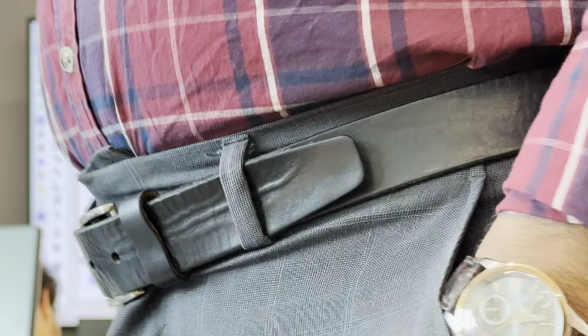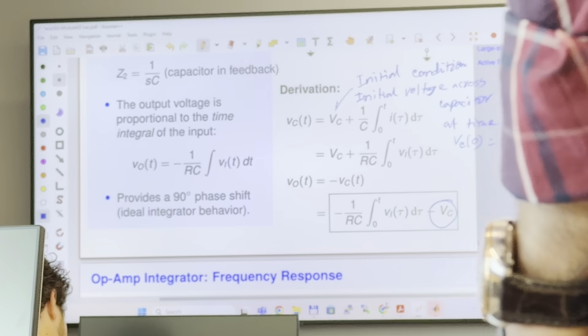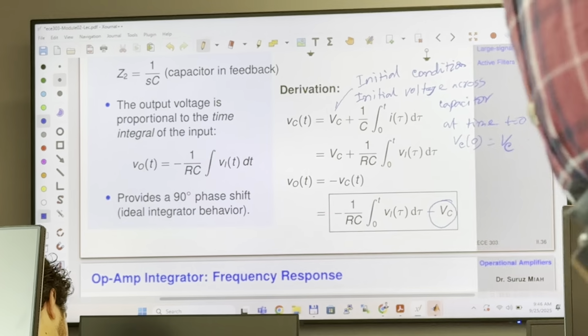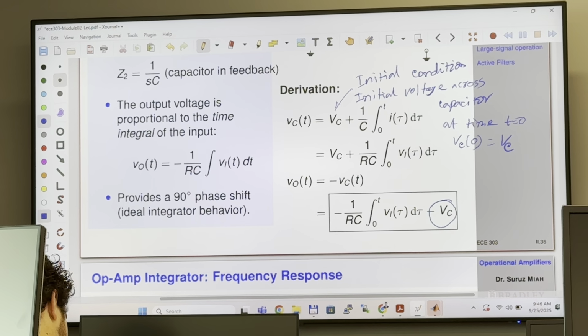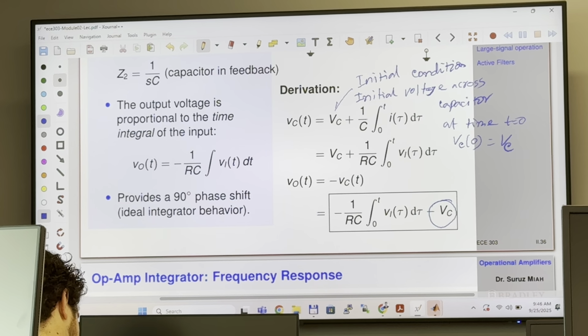So when you say VI(t), we have the input. So negative 1 over RC, and then integral 0 to t of VI(t), right? Now if you evaluate this integration, there would be one part for the integrated version of this input voltage evaluated at time 0. So you do not know what the initial condition is.